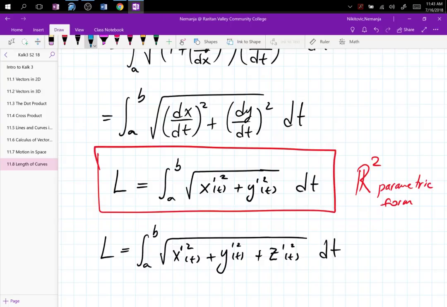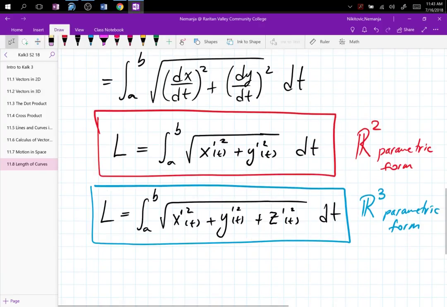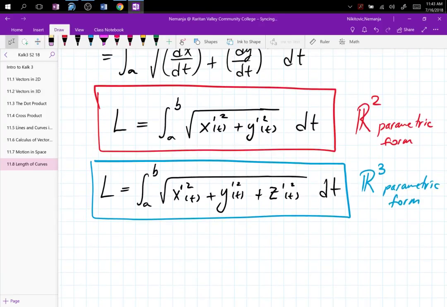dt would give us the 3D form, so this would be R3 parametric form. Now, as you are looking at these, hopefully you are noticing under the square root that you actually have the length of the vector.